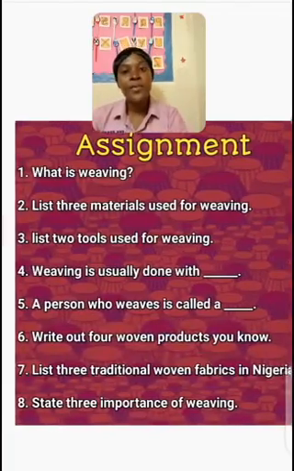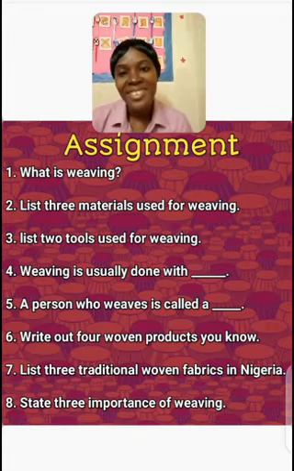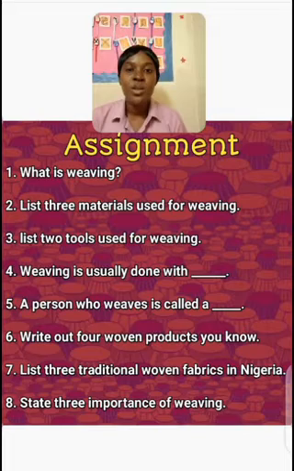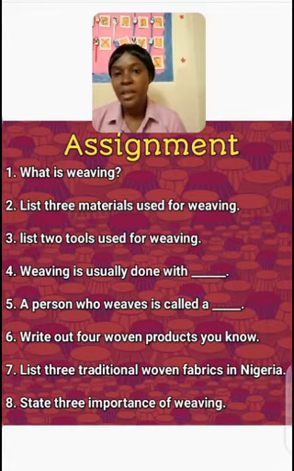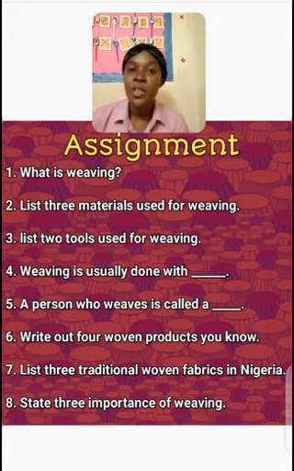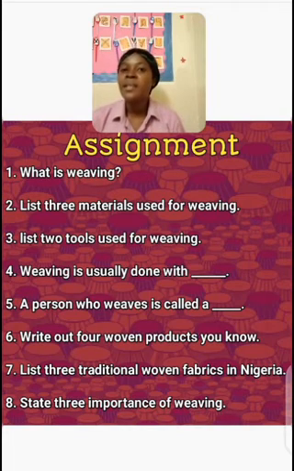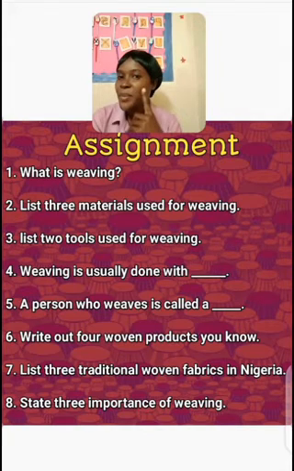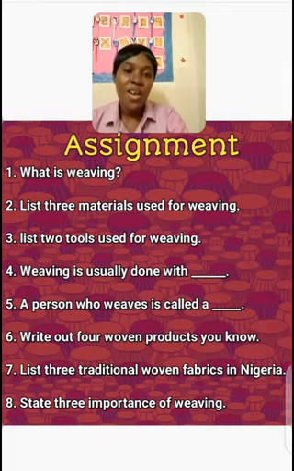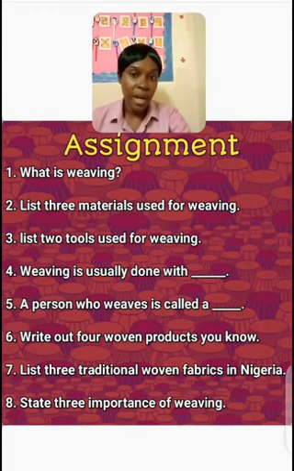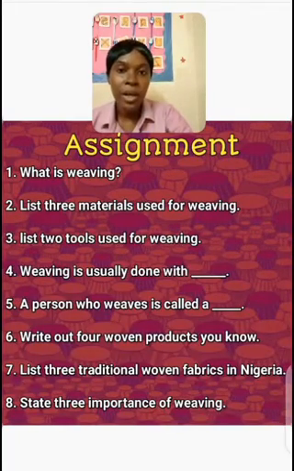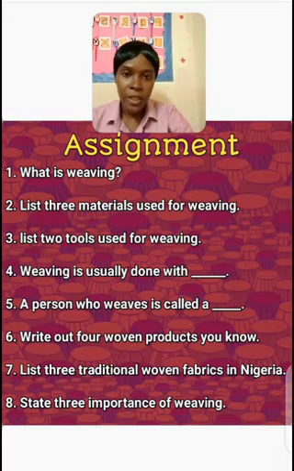So that is it for weaving. Before I leave, I would like for you to answer these questions. Now, the first question here is, what is weaving? Beautiful. Okay. Weaving is the act of interlacing threads to create a piece of fabric or other objects.